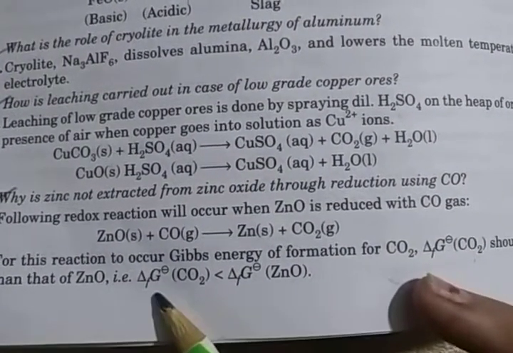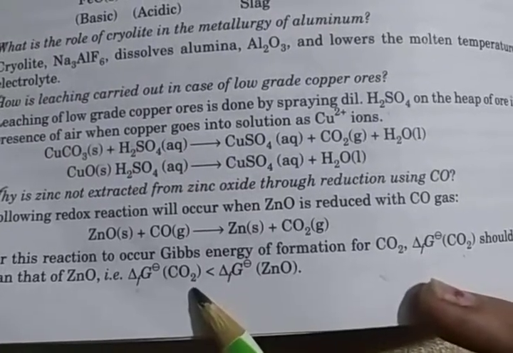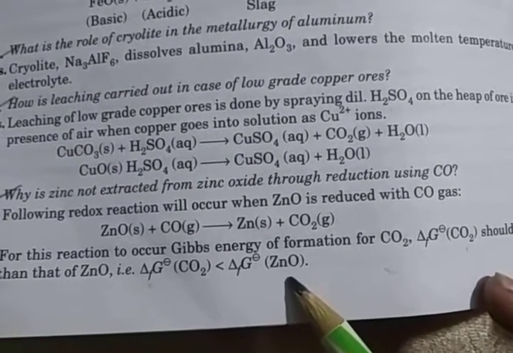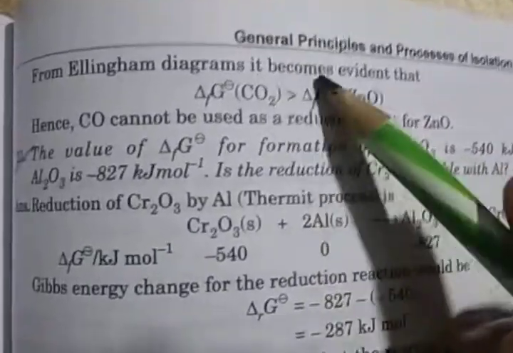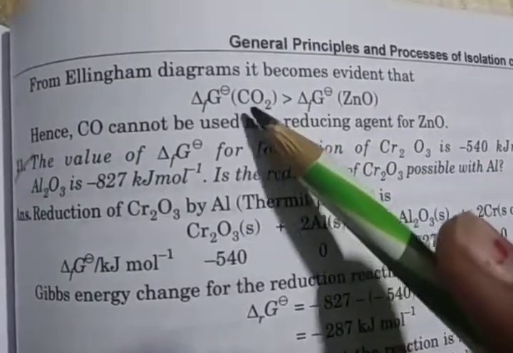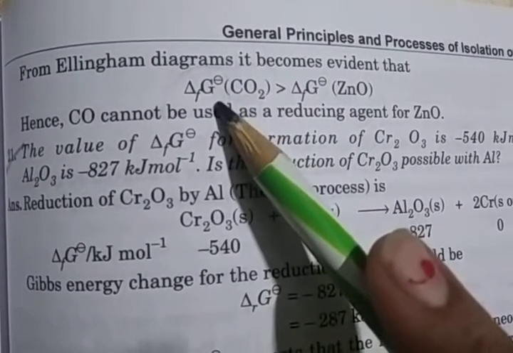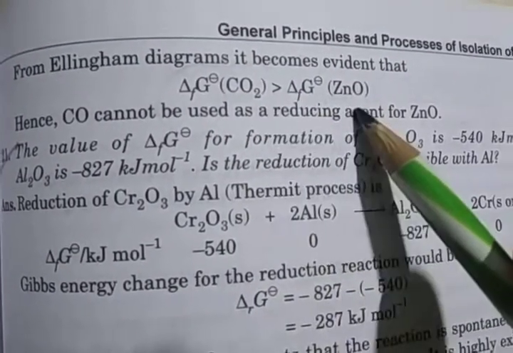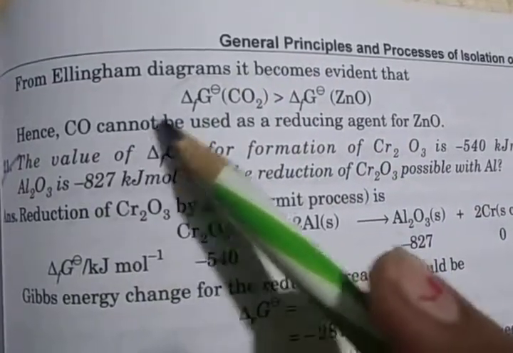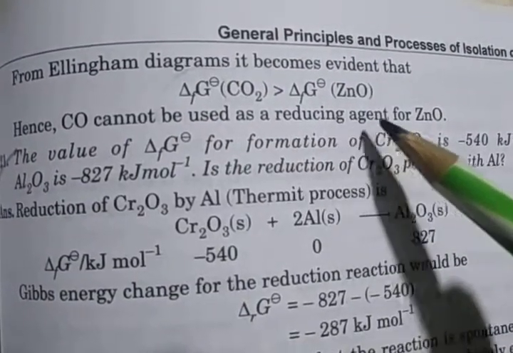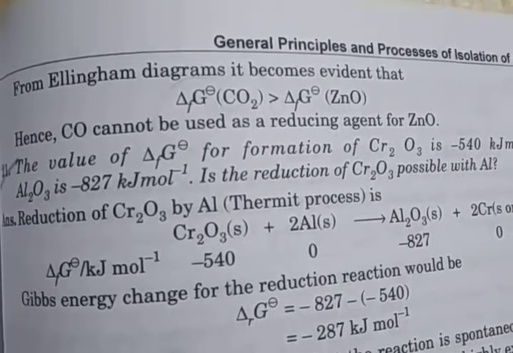From the Ellingham diagram, it becomes evident that the Gibbs energy of formation for CO2 is greater than zinc oxide. So this is the reason CO cannot be used as a reducing agent for zinc oxide.